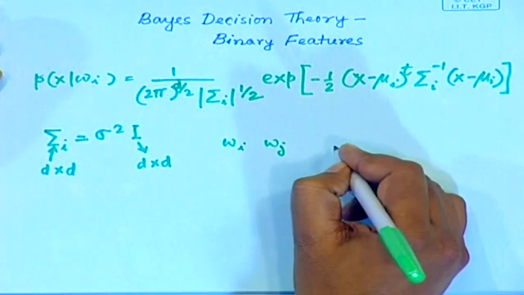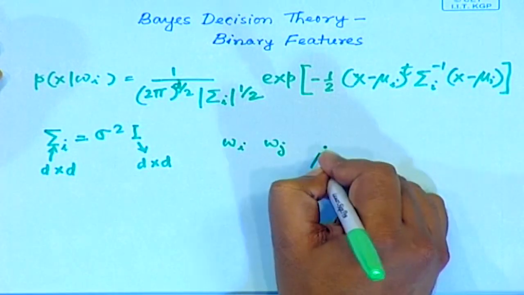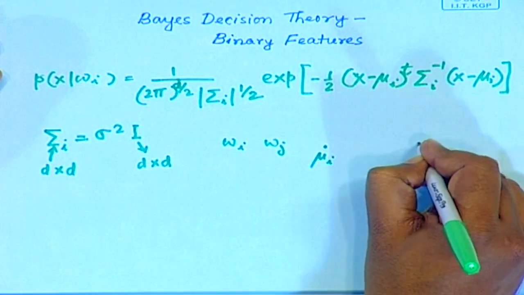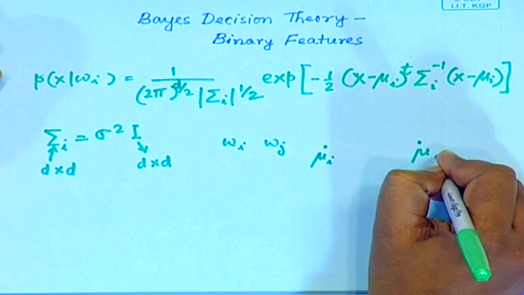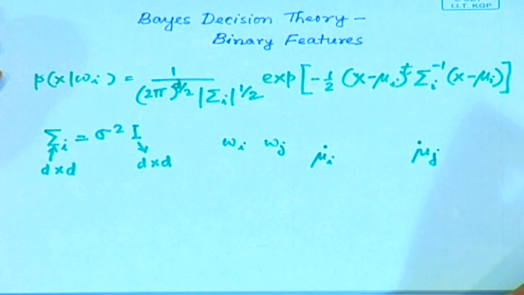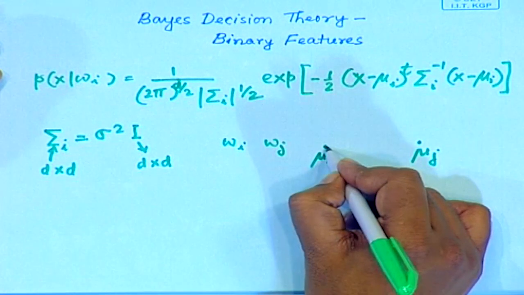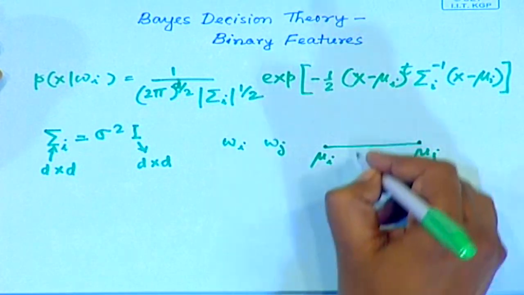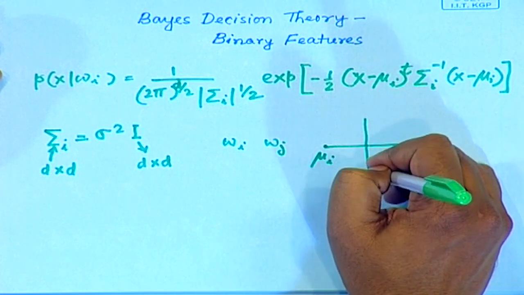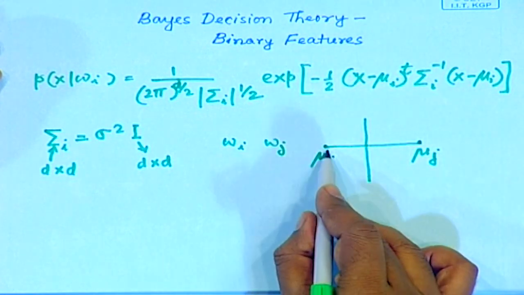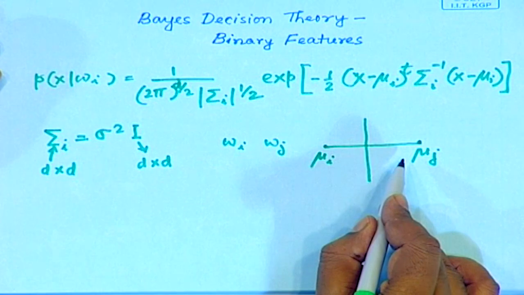So effectively I have a situation something like this, that if I have mu i somewhere over here, which is the mean of the class omega i, and mu j somewhere over here, then the decision surface is a hyperplane which is orthogonal to the line joining mu i and mu j.